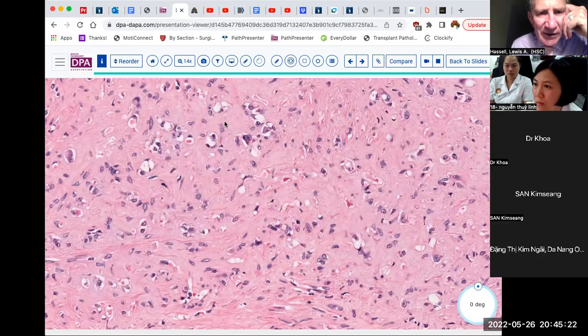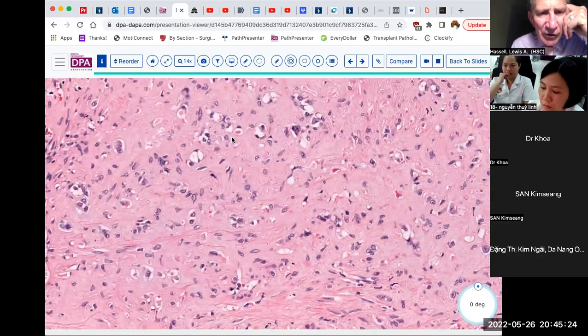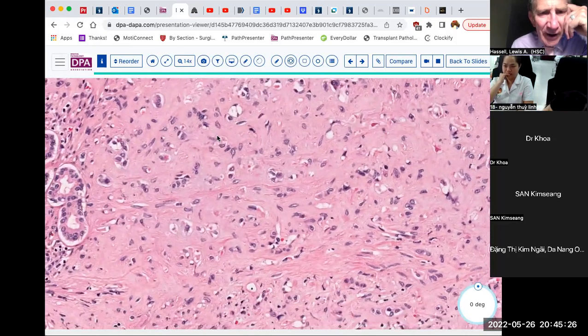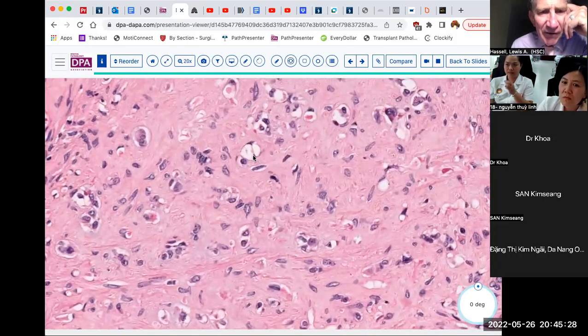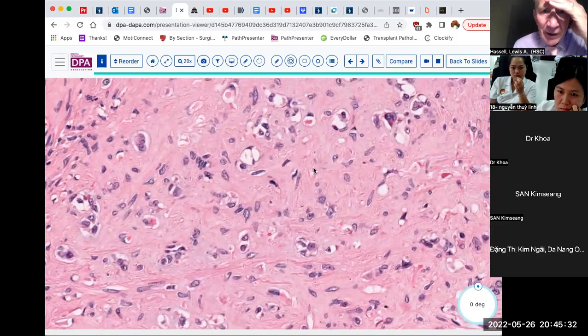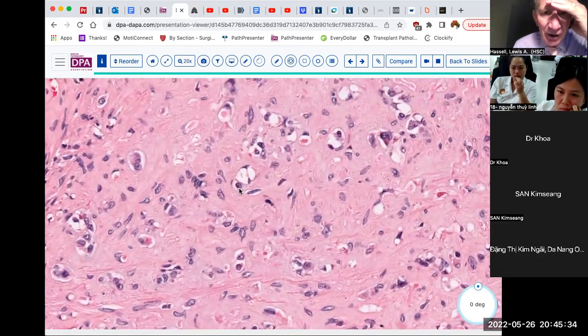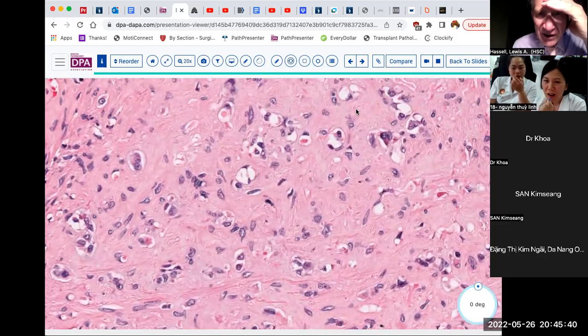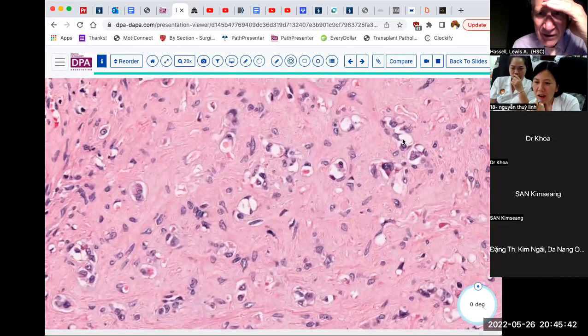And these cells, which we see here, have a fairly characteristic appearance. I'm highlighting a couple of areas right here where you see these cytoplasmic bubbles or blisters, as they're sometimes called. See, there's little clear spaces here.